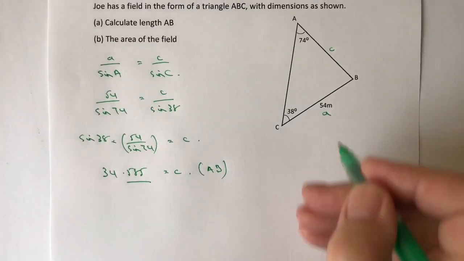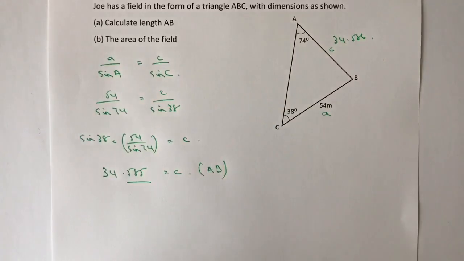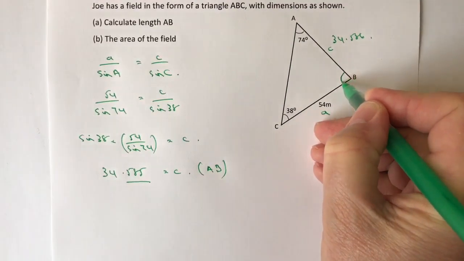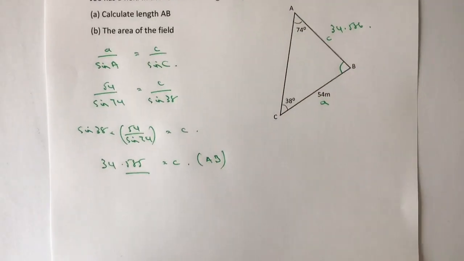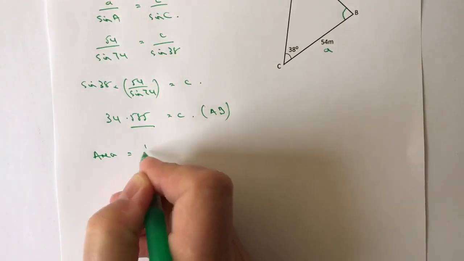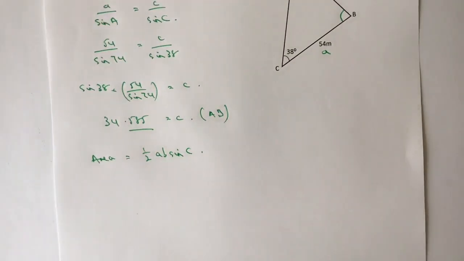So this would be 34.586. Let's have a look then at the area. The interesting thing with the area is that, the way they've given the angles, I need to get this angle, because the equation I'm going to use is area equals a half ab sine C. This is what's known as an included angle formula.